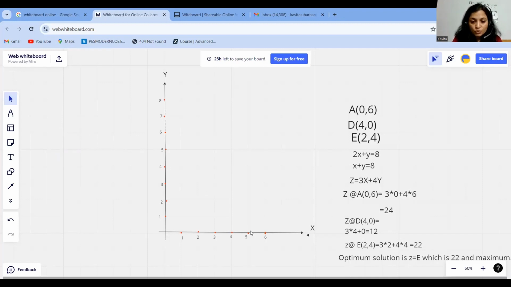So the first point is what? First point is 6, 0. So 6 on x-axis here. Okay, you need to define your scale on x and y axis, and you need to write it down here.